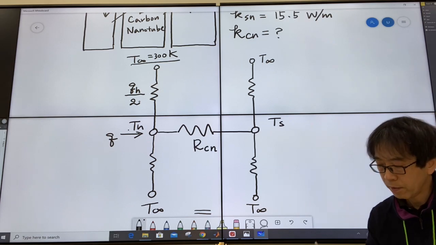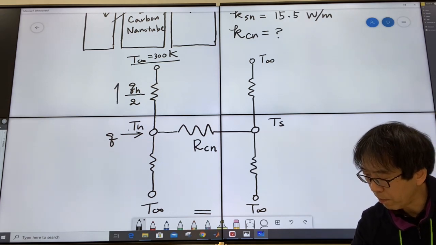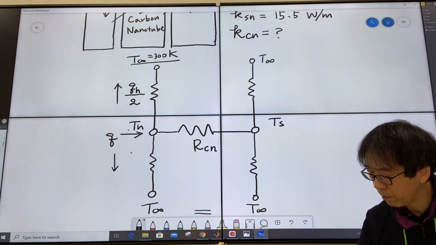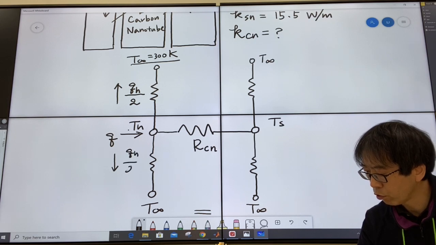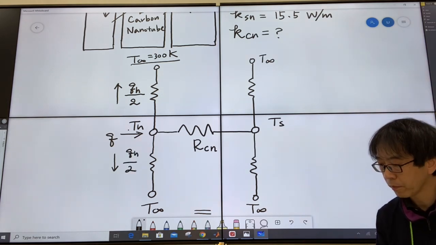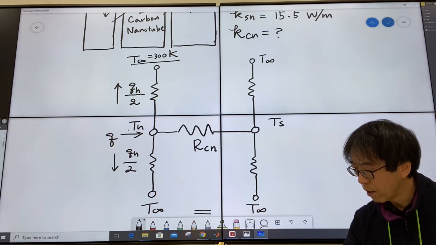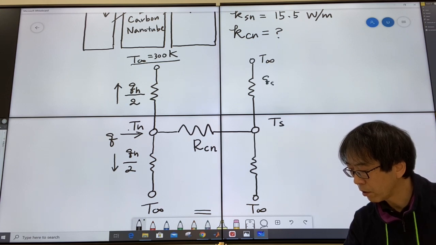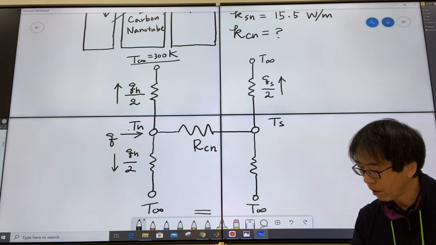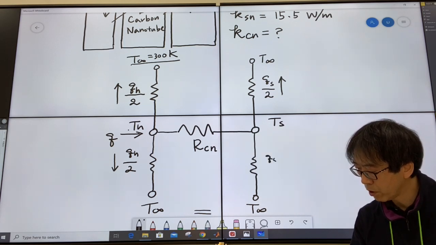So this will go up. And the other half will be QH over 2 as well, because they are symmetric. And the heat conducted from the sensor side, in the same way, will be QS over 2 up and QS over 2 down.